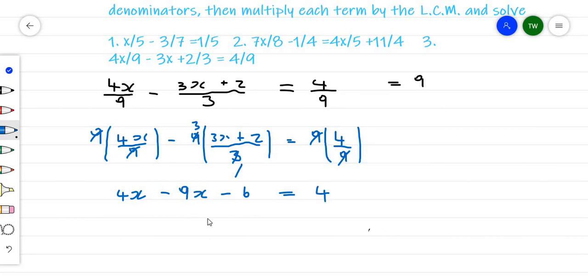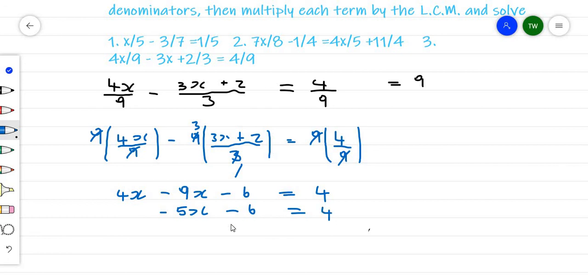Now, all we need to do is to combine the like terms, and we're finished. So 4x minus 9x, that's going to leave us with -5x minus 6 equal to 4.